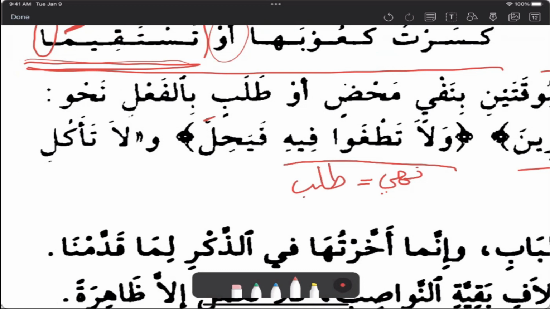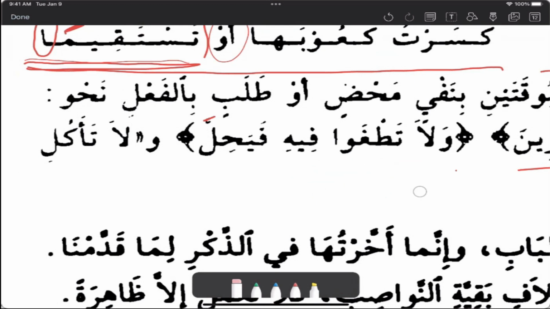You might seek by asking, you might seek by forbidding, you might seek by demanding. لا تطغوا فيه فيحل عليكم غضبي. Do not transgress in it. فيحل, what's that fa? That's fa sababiyah.